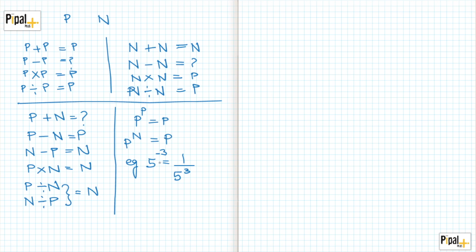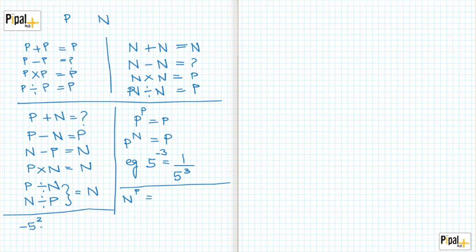However, it is interesting to see what happens when the base is negative and I take its powers. When the base is negative and I take a positive power, it doesn't mean much until I know what this positive number is, and I'll explain why. Let's take a negative number, say minus 5, and give it a positive power.